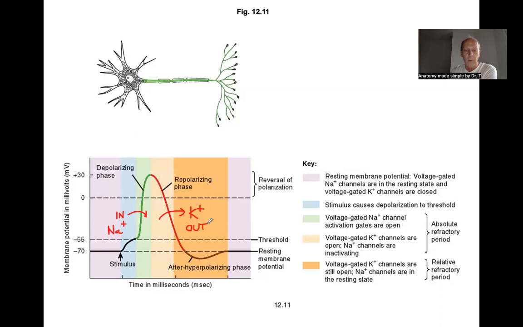As they come out, of course, they carry the same positive charge. So sodium went in, it changed. Now we're letting some positively charged particles get out of the cell. It is going to change and will bring us back to resting membrane potential.